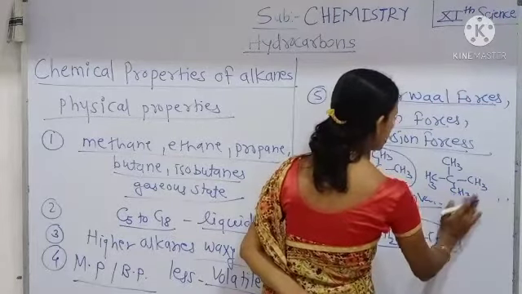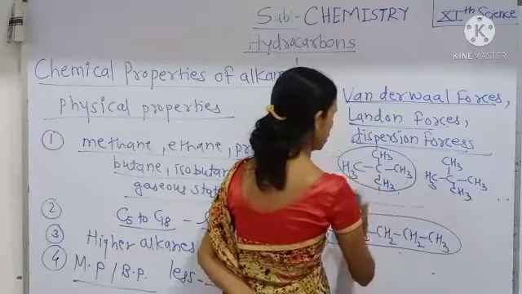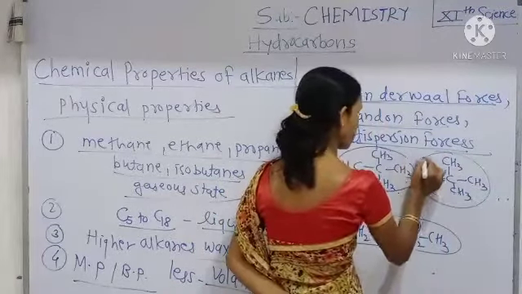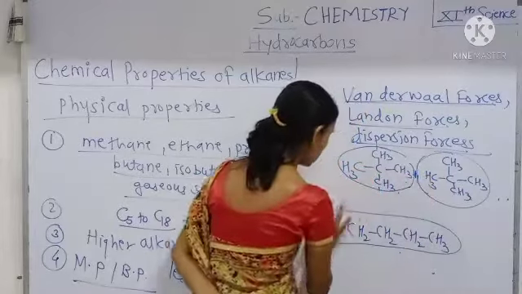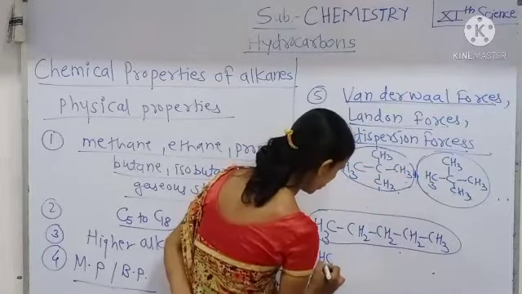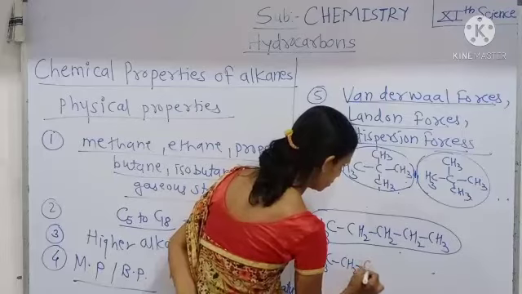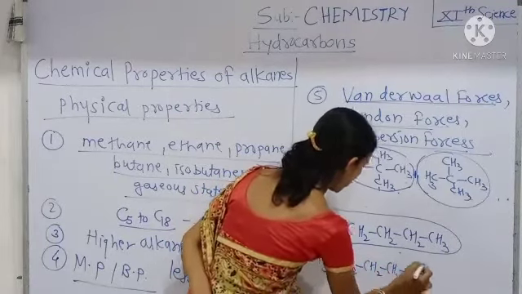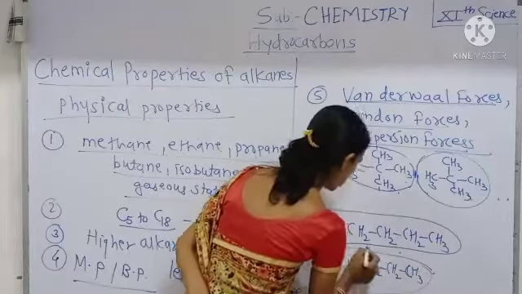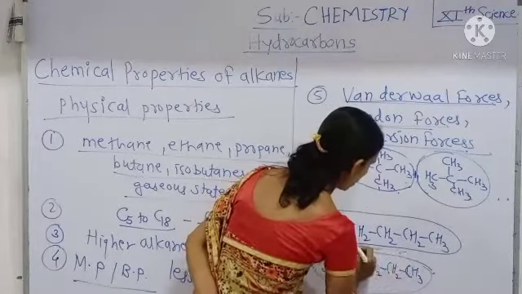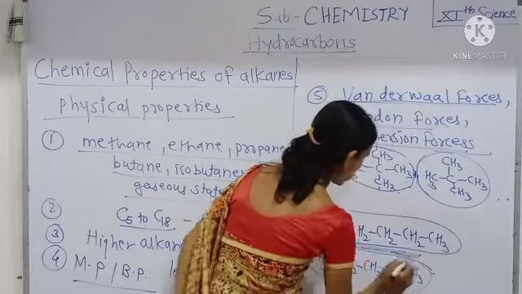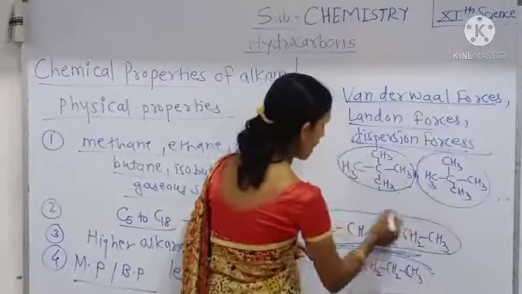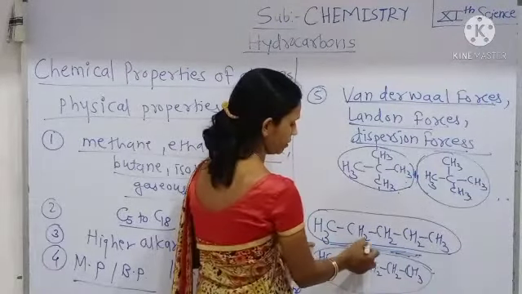That means the van der Waals forces in branched alkanes are weaker than those in normal chain alkanes. The van der Waals forces or dispersion forces in n-pentane are greater because of the larger surface area.